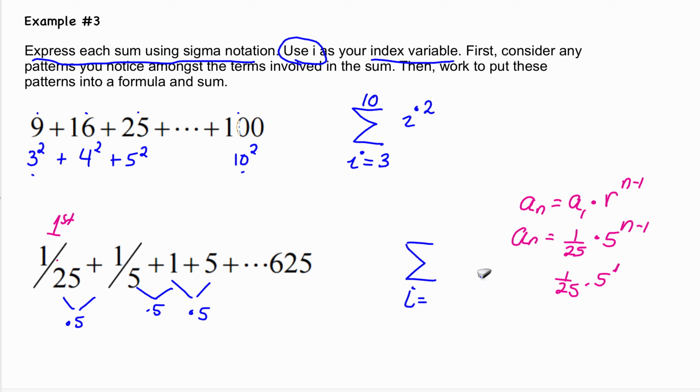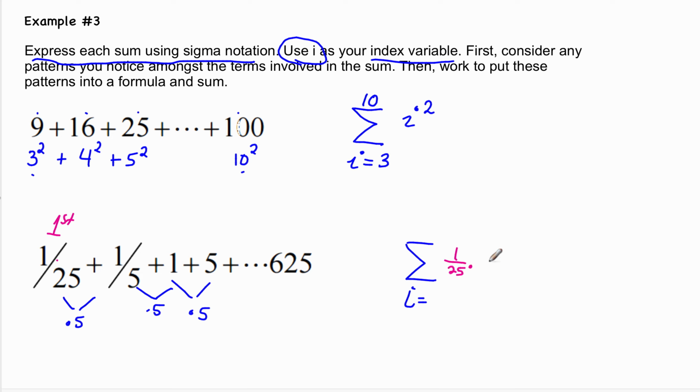All right, so how does this come into our sigma notation? Well, that equation we just figured out goes right here. We figured out that it was 1 over 25 times 5.